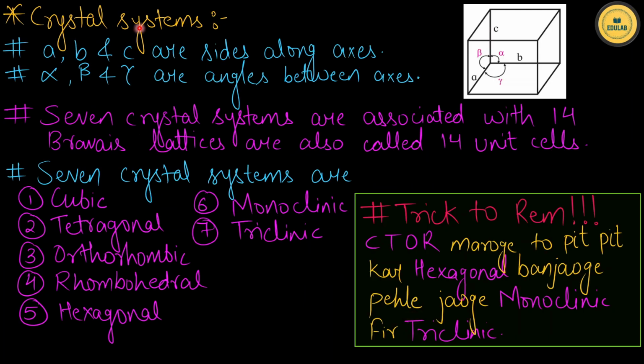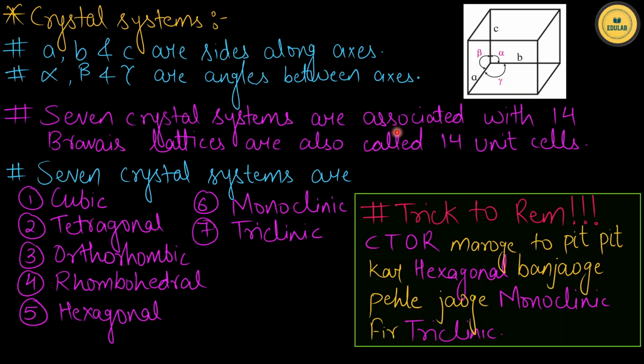Next one is crystal system. This is a diagram of crystal system, and a, b, and c are sides along the axes, and alpha, beta, and gamma are the angles between the axes. 7 crystal systems are associated with 14 Bravais lattices, also called 14 unit cells.